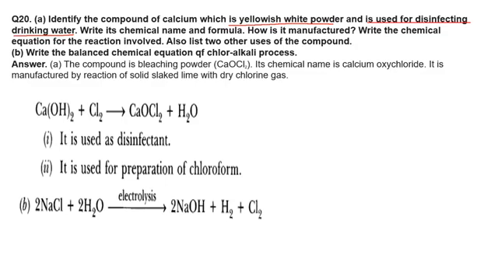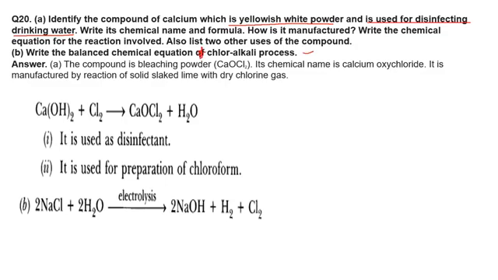Write its chemical name and the formula. How is it manufactured? Write the chemical equation for the reaction involved. Also list two other uses of the compound. Write the balanced chemical equation of the chlor-alkali process.